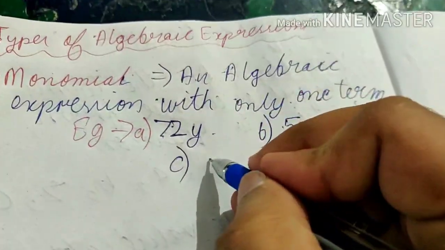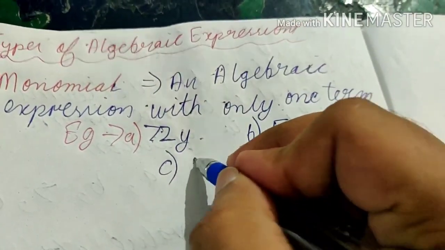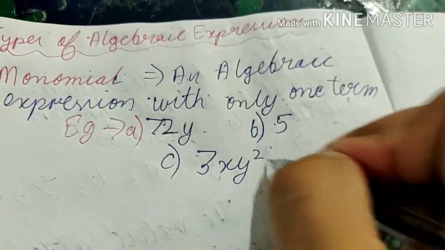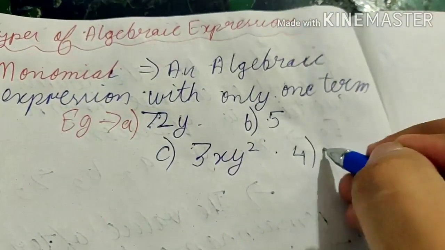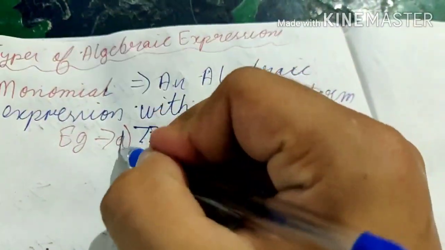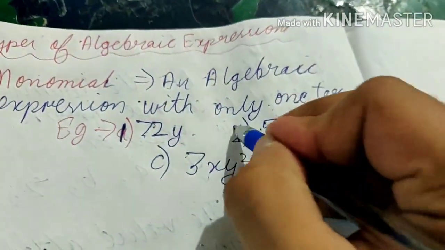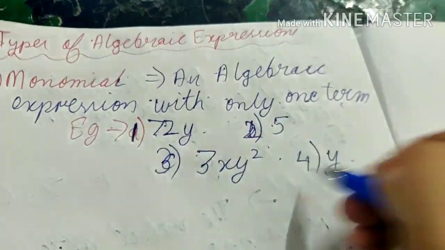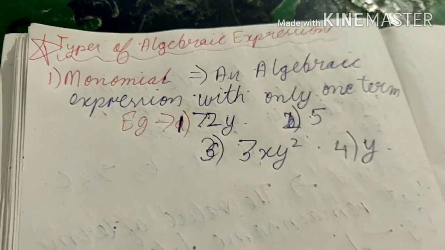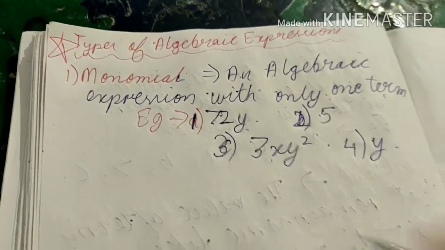Third example is say 3xy square. Fourth example is only a single y. Okay, only single terms.